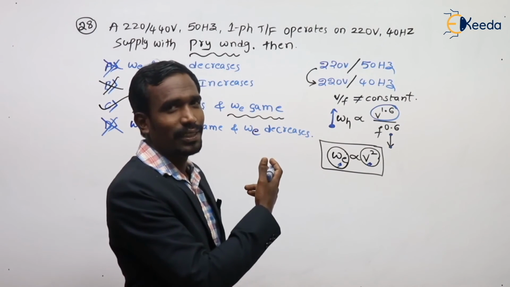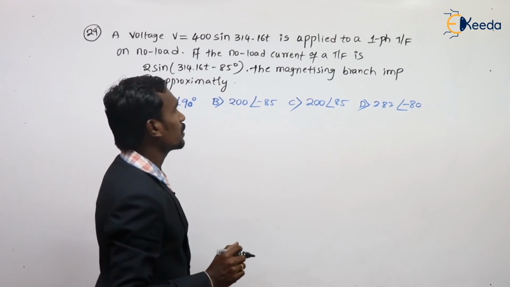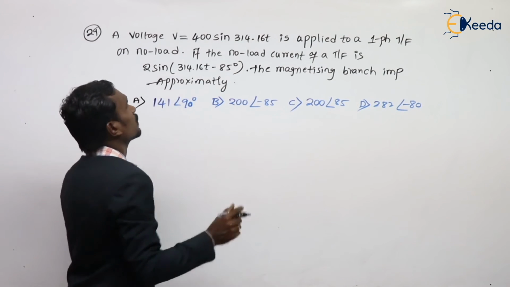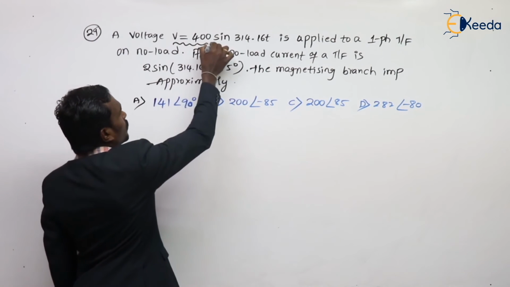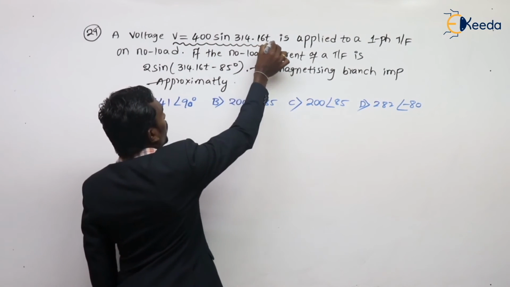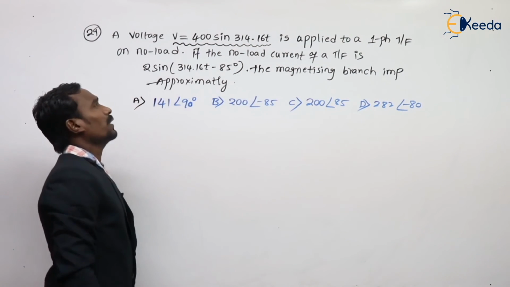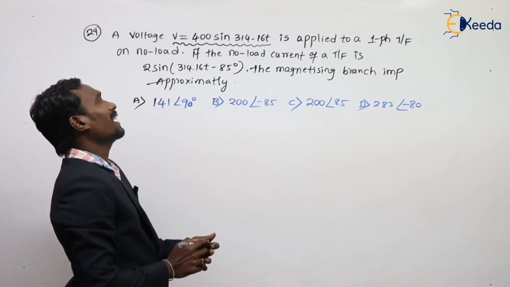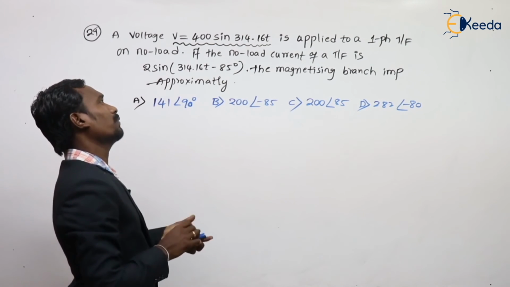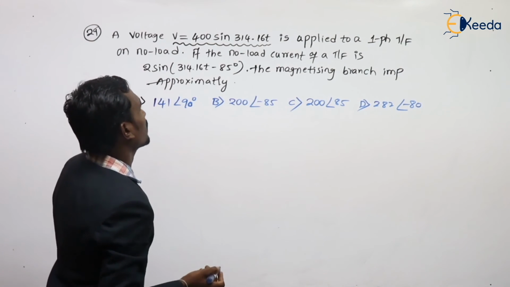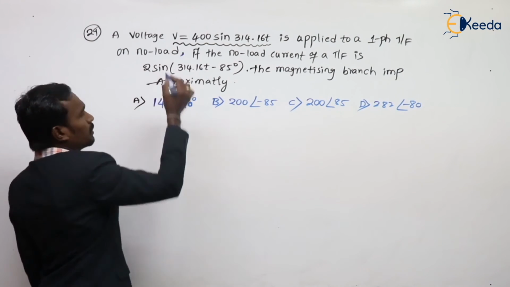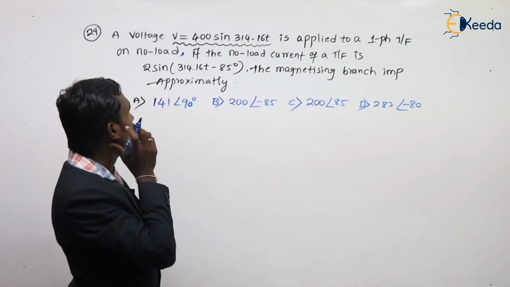Right? In this video, see the problem. A voltage V equals 400 sine omega t, omega being 3.14.160, is applied to a single phase transformer on no load.